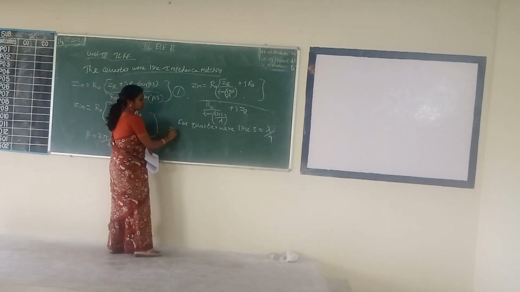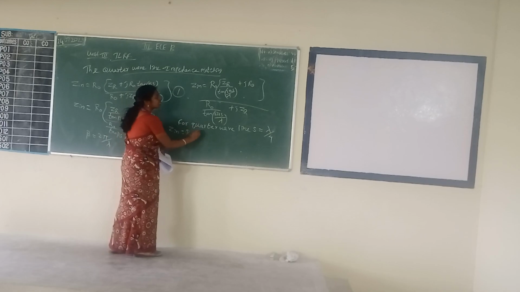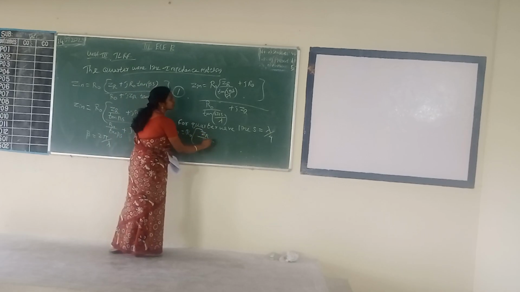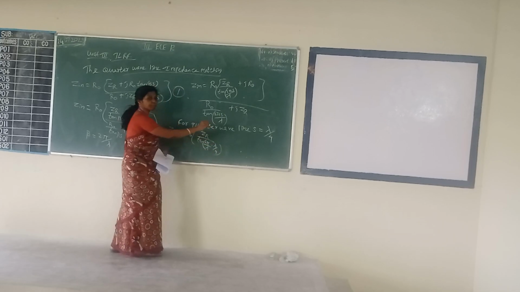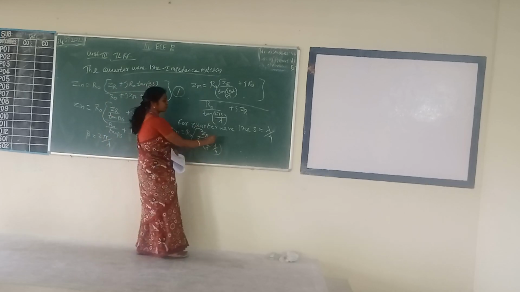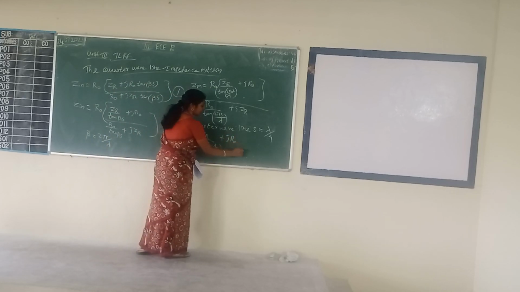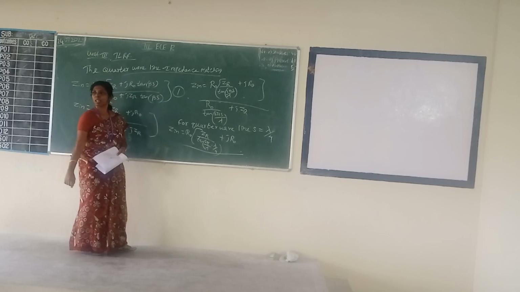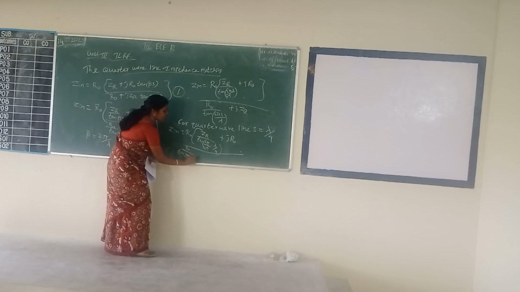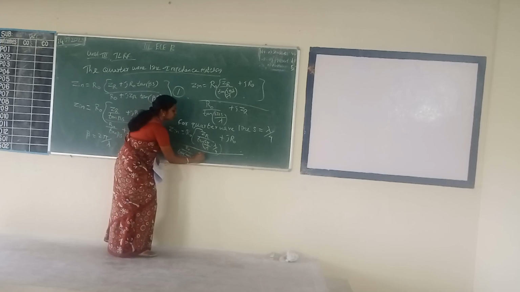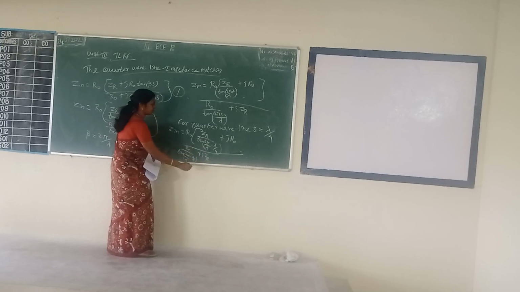Zin is equal to R naught (ZR by tan of 2 pi by lambda into lambda by 4, in the place of S I am substituting lambda by 4, plus j R naught) divided by (R naught by tan of 2 pi by lambda into lambda by 4 plus j ZR).